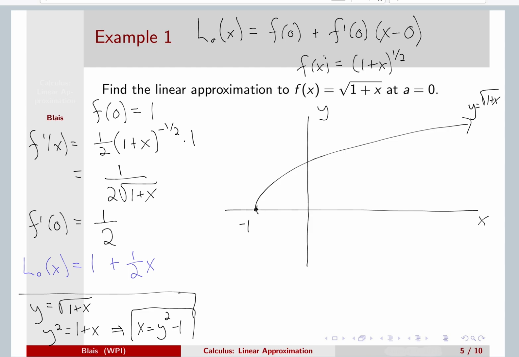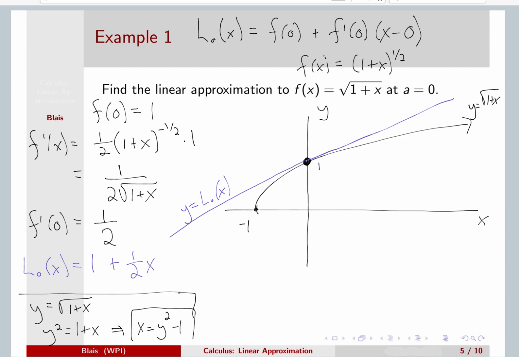What we just did in this linear approximation was go up to this point, the point 0, 1. f of 0 is 1. That's this point here. We found the slope at that point, which is a half, and then we drew the tangent line, which is this linear approximation. The idea is that for x values near 0, this is a pretty good approximation.